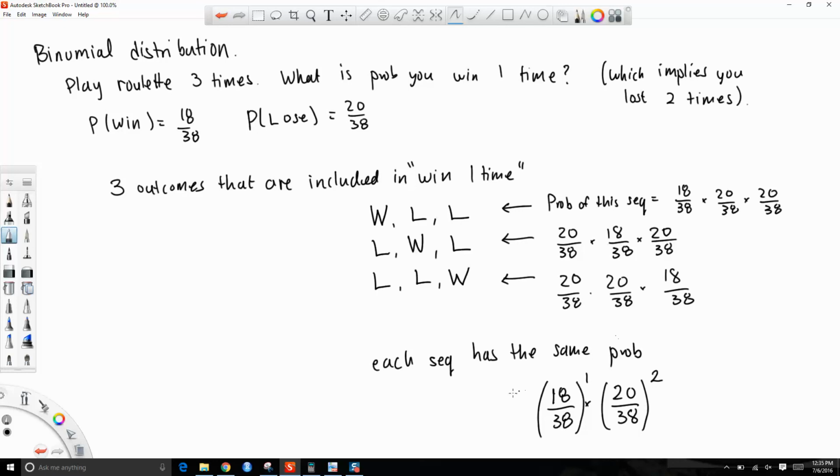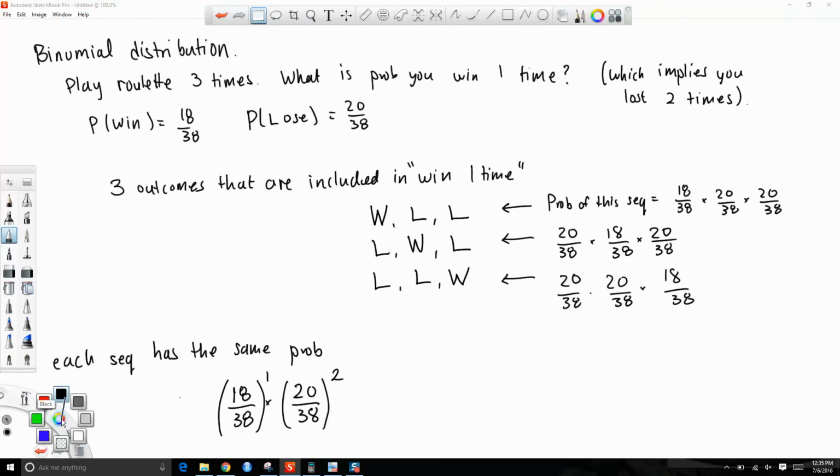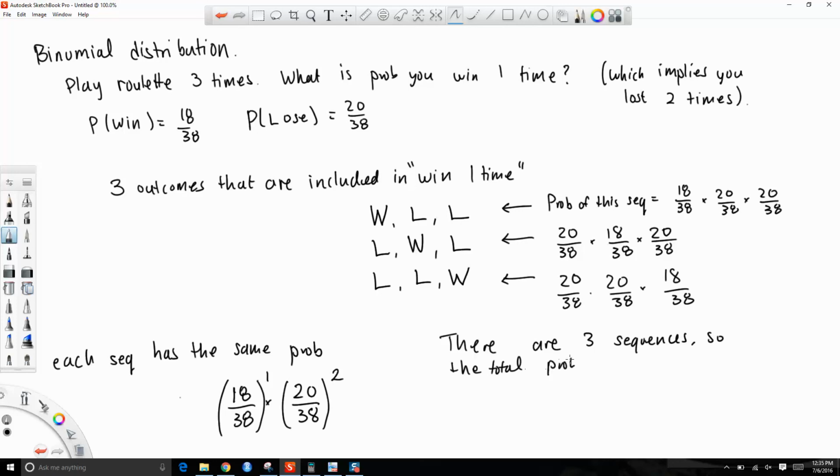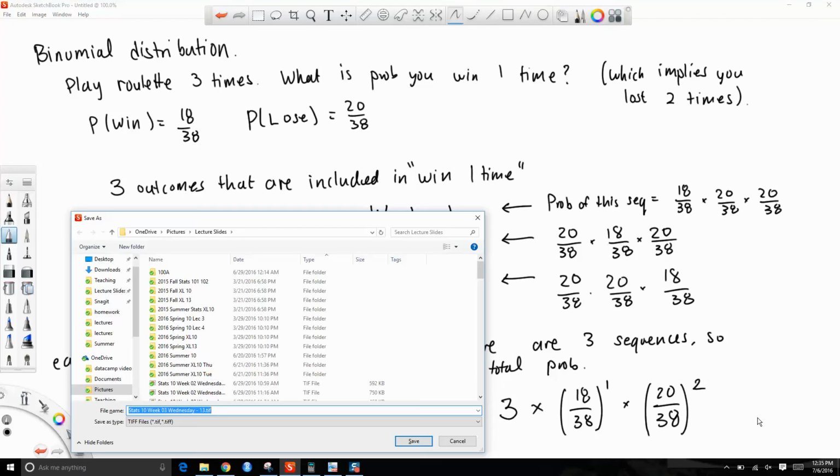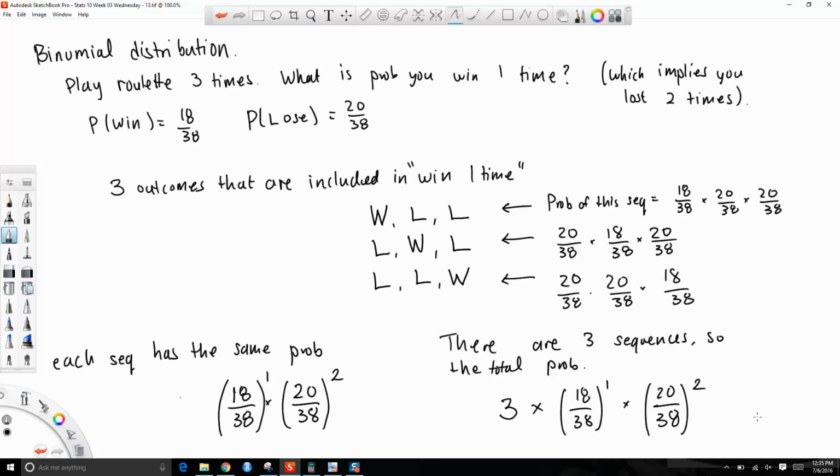Because there are 3 possible sequences, each with the same probability, the total probability is that we add all of these together, and we have 3 times 18 out of 38 to the 1st power times 20 out of 38 raised to the 2nd power. Is that okay?